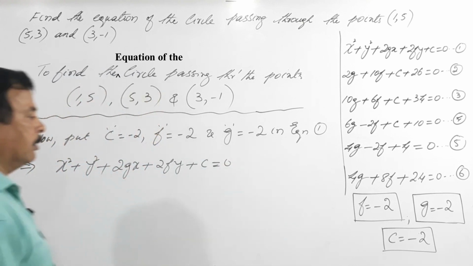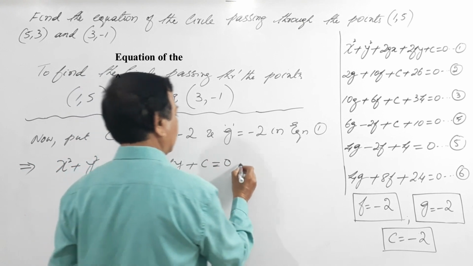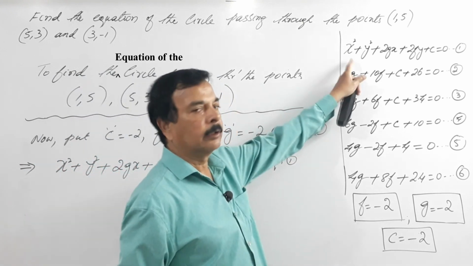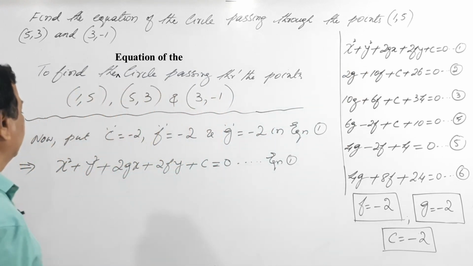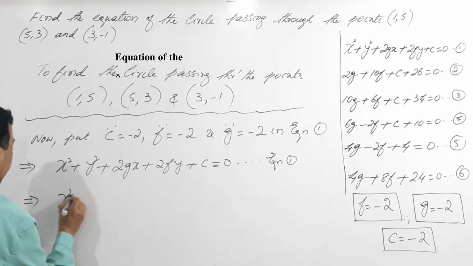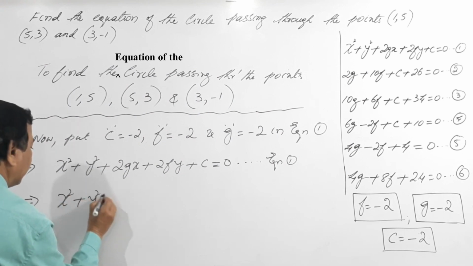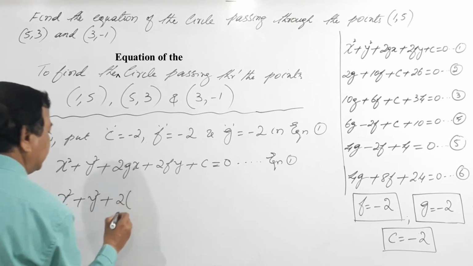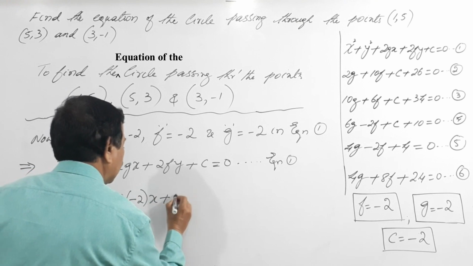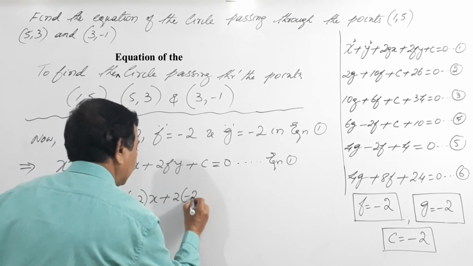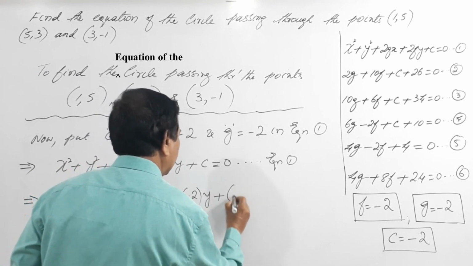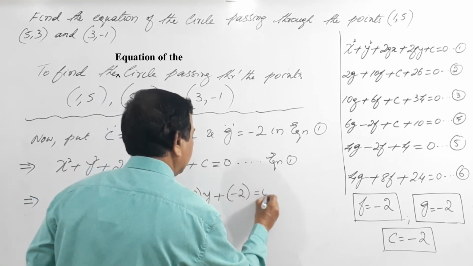Right? This was our equation 1, isn't it? So we'll substitute the values of f, g and c. This is x square plus y square plus 2 into g, which is minus 2, into x plus 2 into f, which is minus 2, into y plus c, which is minus 2, equals 0.